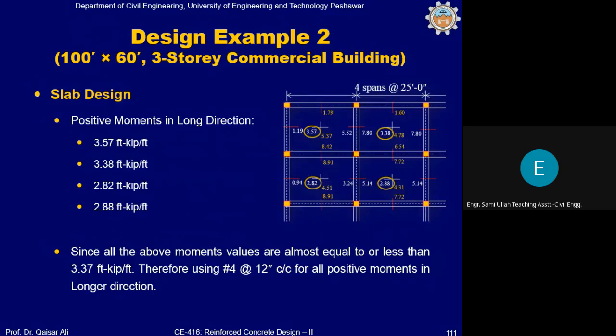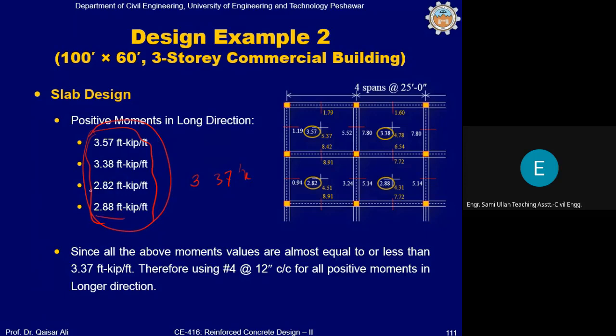So if you see, these are the positive moments along the longer direction. First of all, we will discuss the positive moment along the longer direction, which means the bottom reinforcement given along the longer direction. So if you see, the capacity coming from number 4 at 12 inch is 3.37. Okay. And all these values are closer to this value.